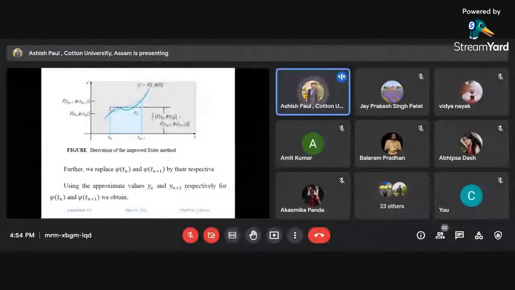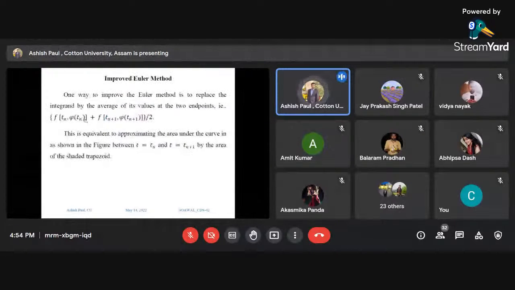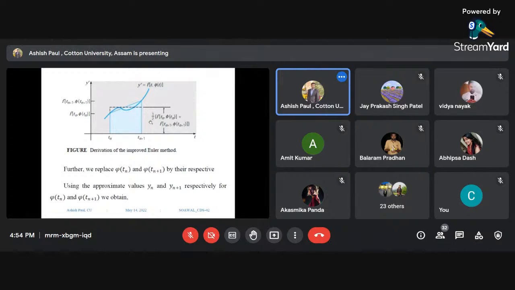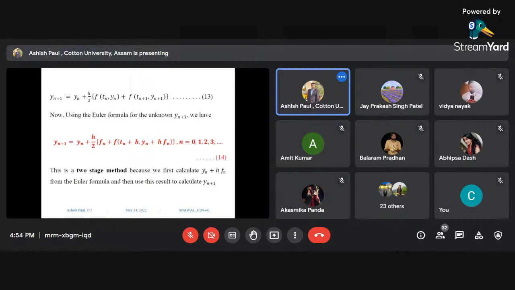Now from these two points, we take the average of the slopes, reflected by this formula: the slope at tn and the slope at tn plus 1, yn plus 1, the sum divided by 2. So we take the slope in this way. If we take the average of these two slopes in order to get yn plus 1, we obtain equation number 14, and that is the improvement of Euler's method.